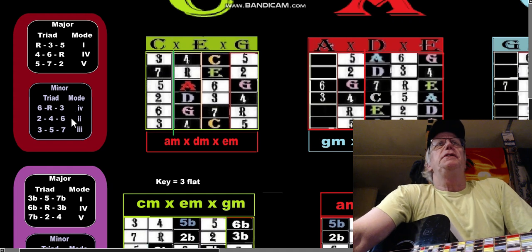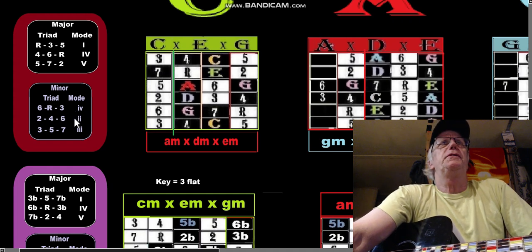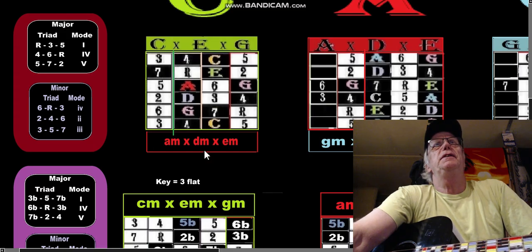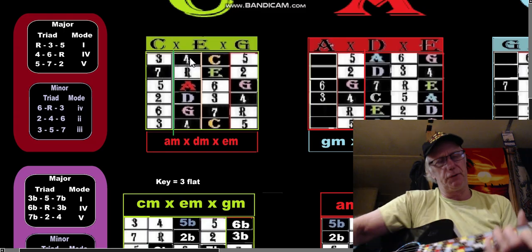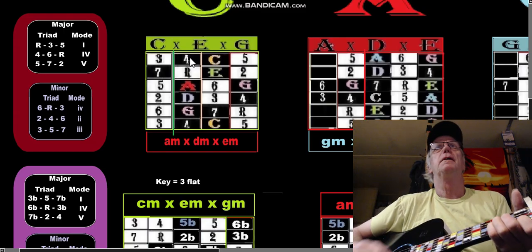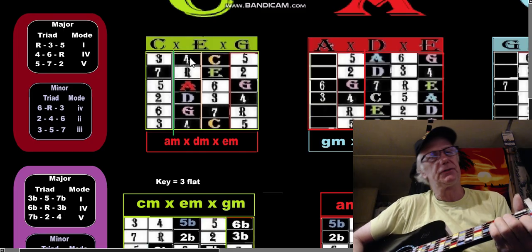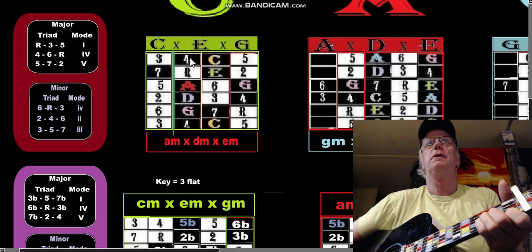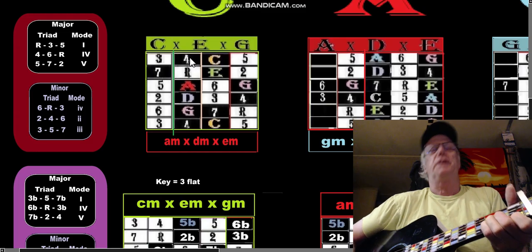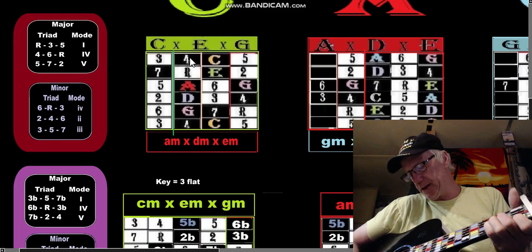So let's continue on with the second minor, 2, 4, 6. In the D minor shape, it's going to be here, 6, 2, 4, first inversion. And then you have 2 down here on the D string open. The 6 is also part of that triad.